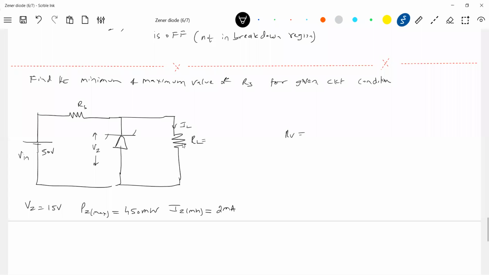RL will be VL, 15, by, let me make it 50 milliampere. Can anybody help me? 1000. So this will get over. Anybody, what is the value of RL from this calculation? How much? 300 ohm. Okay, we'll keep it.